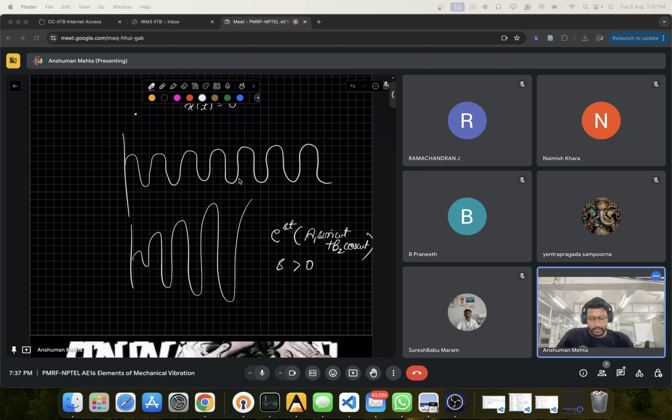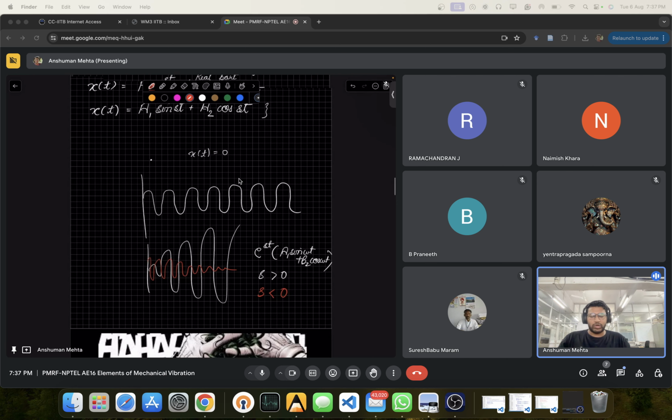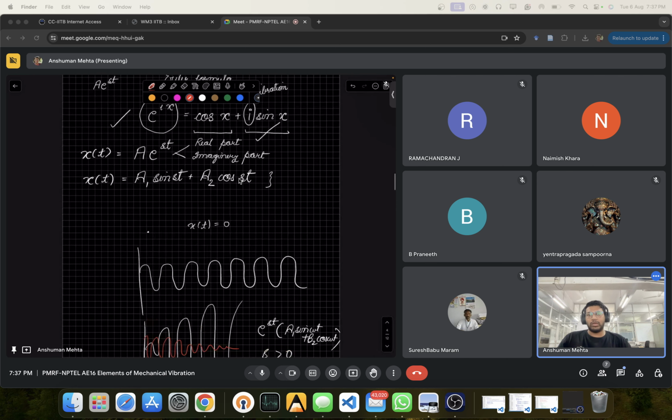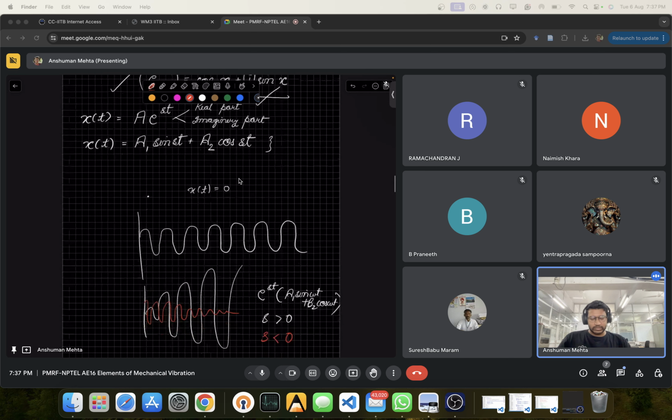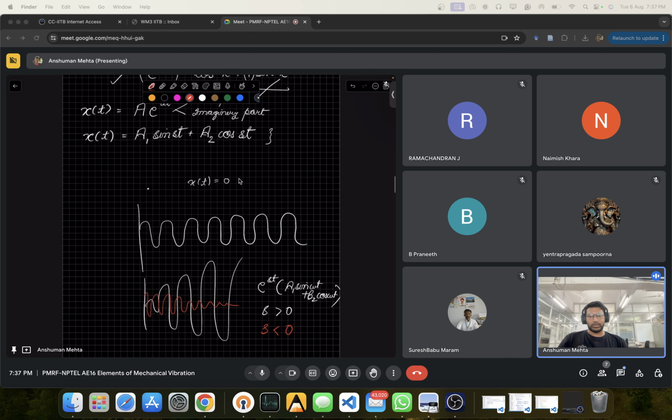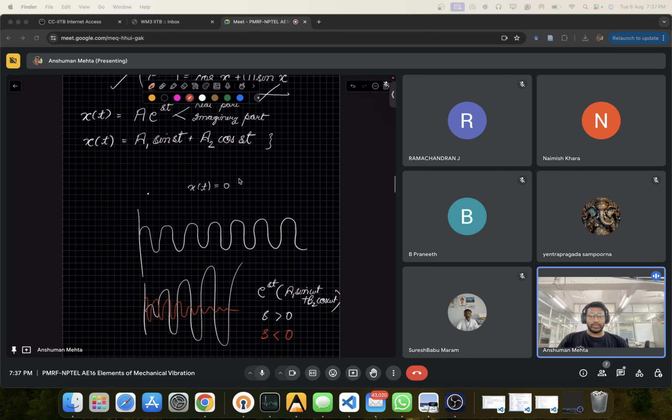And if the vibration damps out or dies out, then s is less than 0. So it depends on what approximation you have taken, and all the vibration characteristics can be put into these terms. Linear vibration.